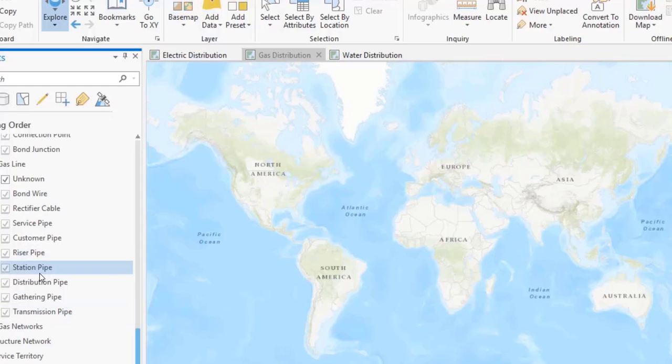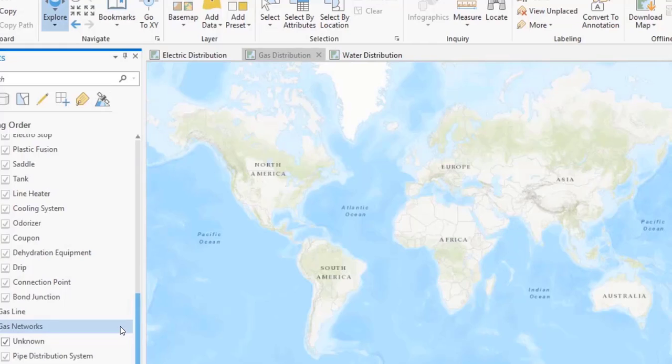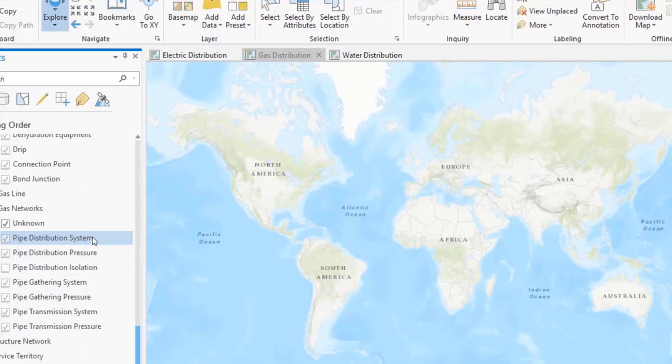They can represent pressure, cathodic protection zones, or configurations of the network. And then the lines represent the circuits. So this validates my theory that this has a hierarchical domain with multiple tiers that represent different configurations. There's one configuration that represents a system, one represents pressure, one represents isolation zones, and then one represents the business. So really interesting configuration.